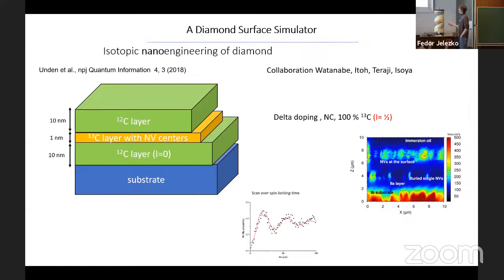So we basically, together with colleagues from NIMS, National Institute in Japan, created a very thin, about a nanometer layer of C13 capped by 2 C12 layers. And NV centers were introduced just before, and we have seen the coupling between NV center and the layer.